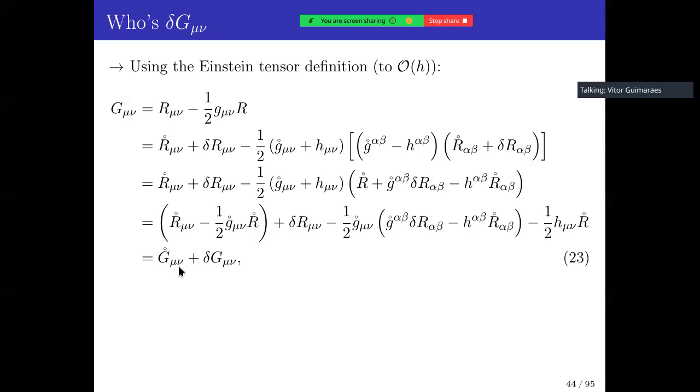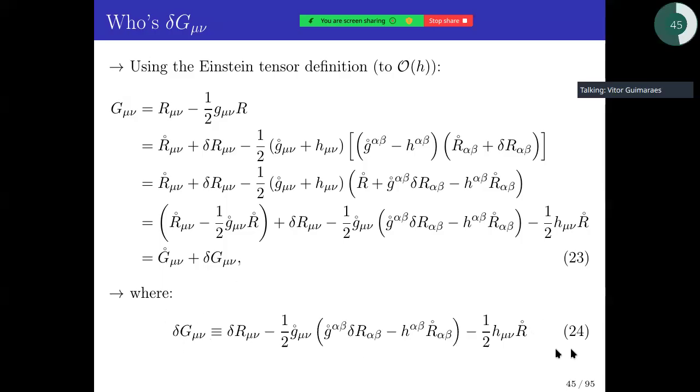If we turn off the perturbation, this is what we obtain: the Einstein tensor for the background metric. And what we have left is first order in h, first order in h, and first order in h. So what is left is exactly the perturbative terms, which we will identify as delta G mu nu, the perturbed Einstein tensor, in such a way that we get the perturbed Einstein tensor here.